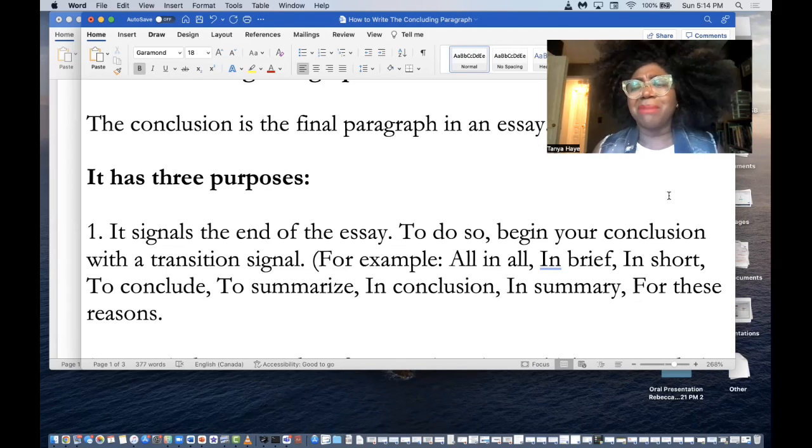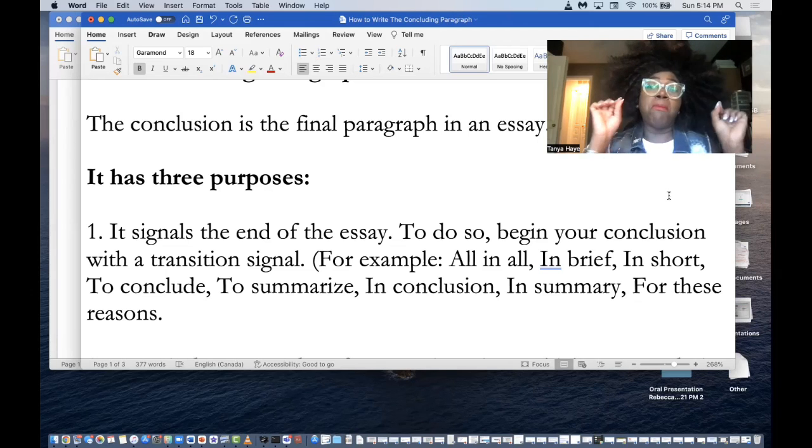Now, students sometimes tell me that it sounds stilted, so find the one that works for you. But you must make your reader know that you've finished your discussion and now you're about to conclude. So if you don't like any of these signals and you can find a signal that works, do it. But you have to have a transition signal.